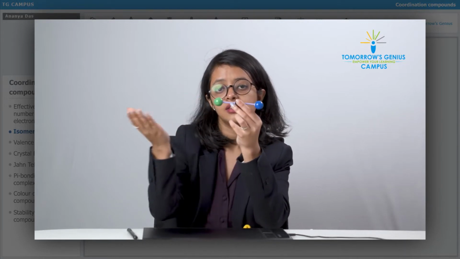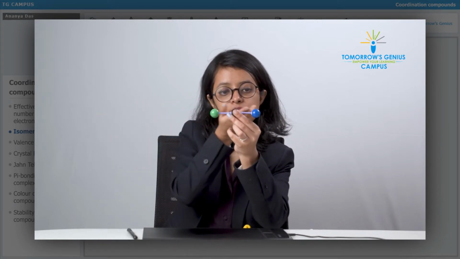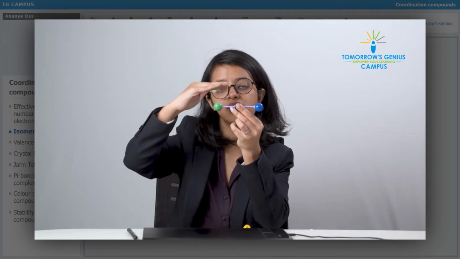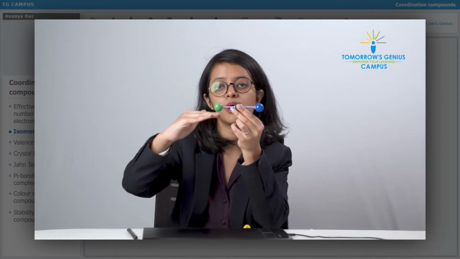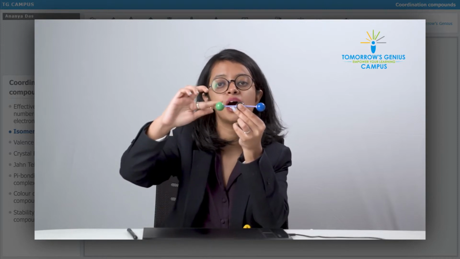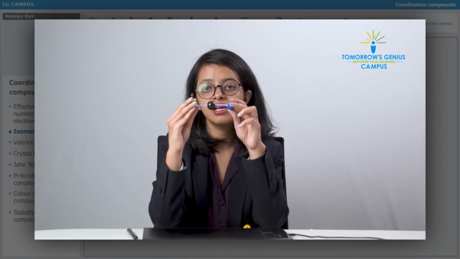See, there is a plane of symmetry which is going through this side, which is cutting all the atoms in half and which is mirroring the above part and the below part. Okay, they are mirror images of each other. So this molecule is optically inactive.